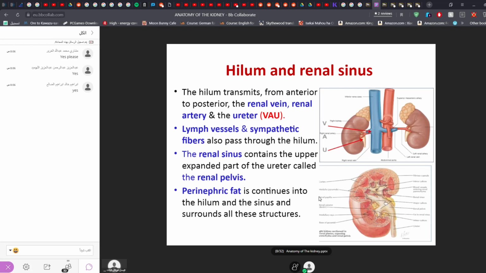This pelvis and the structures entering and leaving are surrounded by fat. Can you see this yellow structure? This is the fat, called perinephric fat. Again, the word nephric is for kidney. So perinephric fat is continuous into the hilum because it surrounds the kidney. From the hilum, it enters inside into the renal sinus and surrounds all the structures entering and leaving.